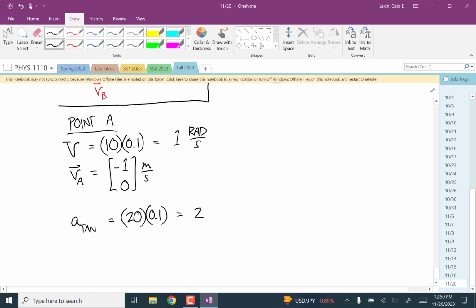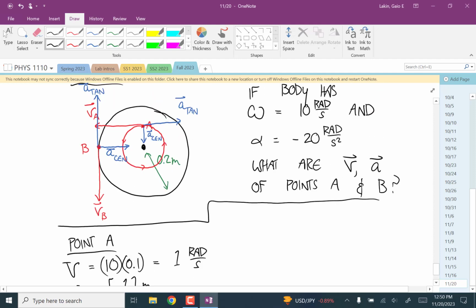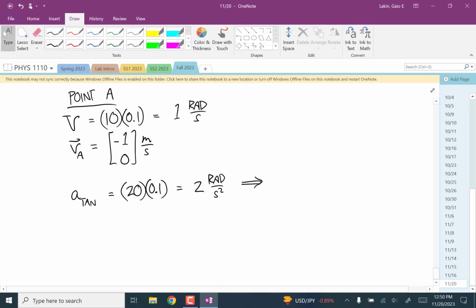And so this is 2 radians per second squared. I drew that tangential acceleration. You can see it's in the positive x direction. So the tangential acceleration vector is 2, 0.